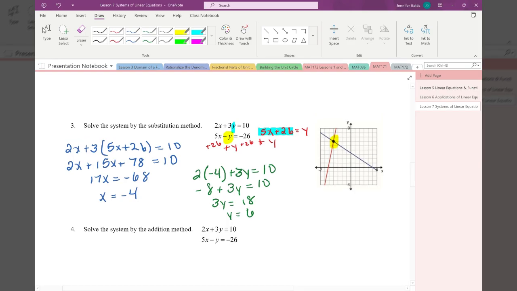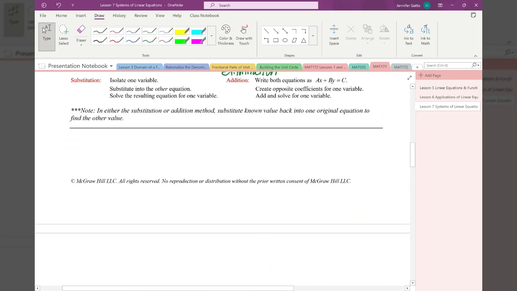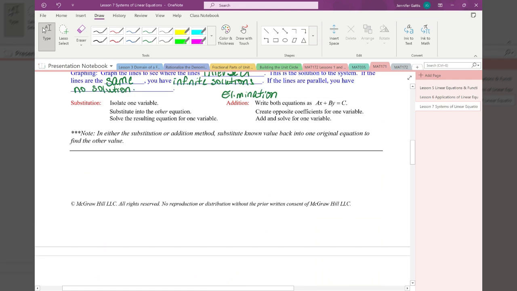So I'm going to come back up here now to the addition or elimination method. So when we are doing this, we can write both equations in what's called standard form. Okay, this is standard form, or sometimes general form, where it's ax plus by equals c.